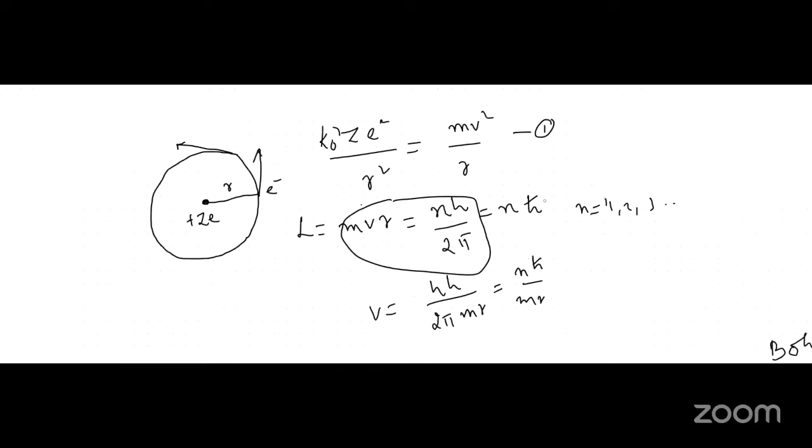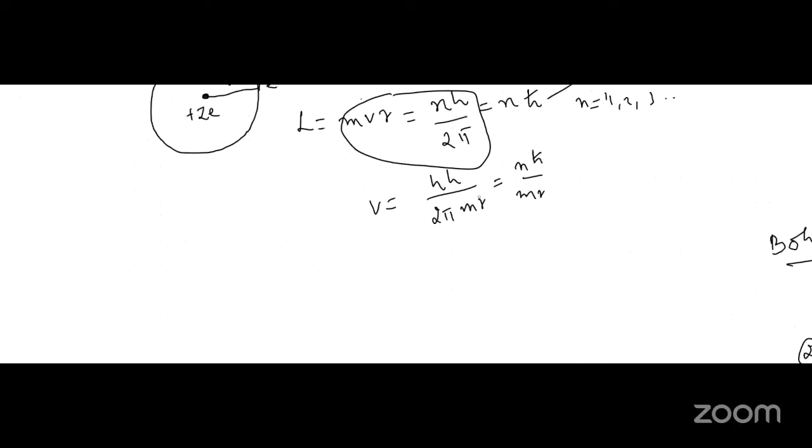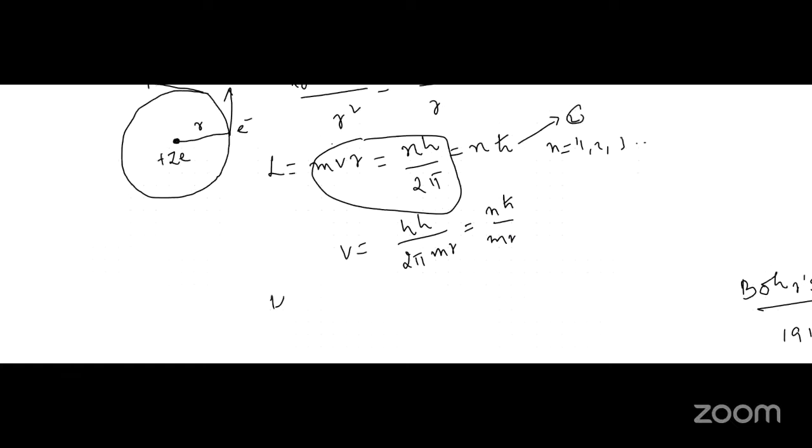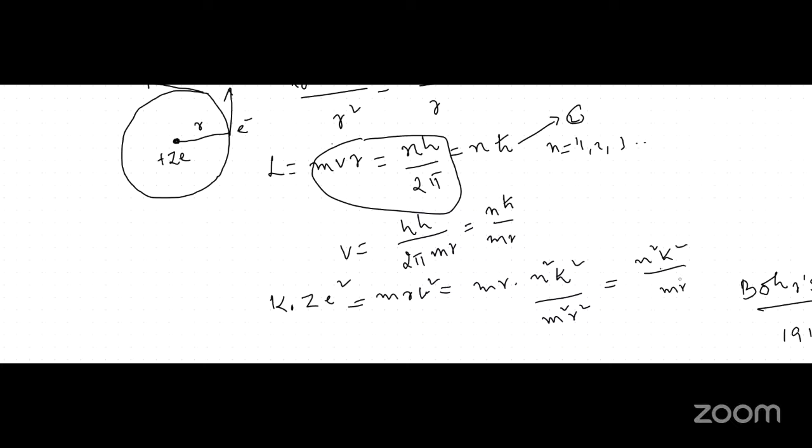Substituting this value, k0 Z e square equals m r v square, which becomes mr times n square h-cut square by m square r square, which we can write as n square h-cut square by mr.